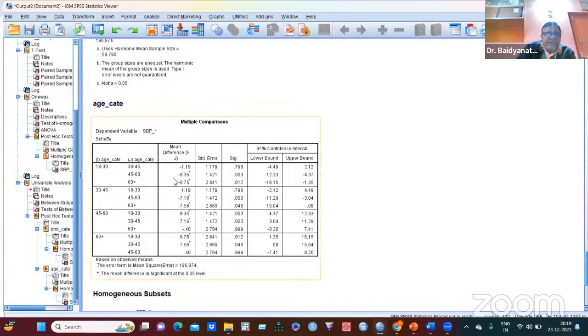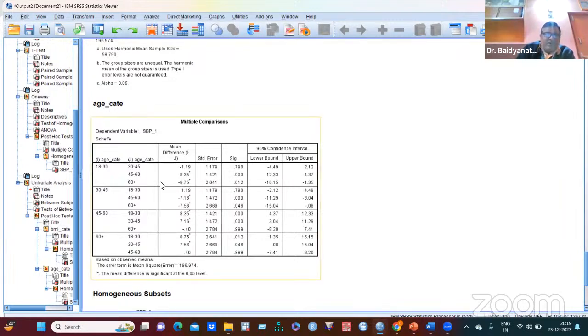So check here, the first age group is significant with 2 other groups. This is also significant with 2 groups, and this is significant with 2 groups, and this is also significant with 2 groups. So all these ages are equally important for systolic blood pressure.